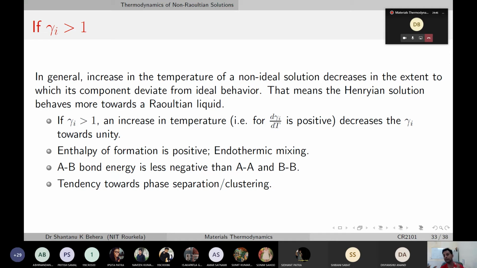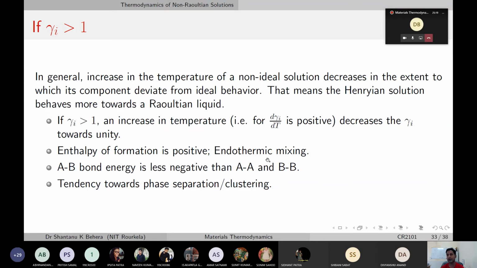If you have two components in the mixed solution, you take A and B and there could be some interaction. That interaction energy is less negative than the interaction energy between A and A or B and B. So the similar type of bond energy is much stronger, much more negative than the dissimilar type of bond energy. So that's what is indicative of positive deviation, and of this endothermic reaction.